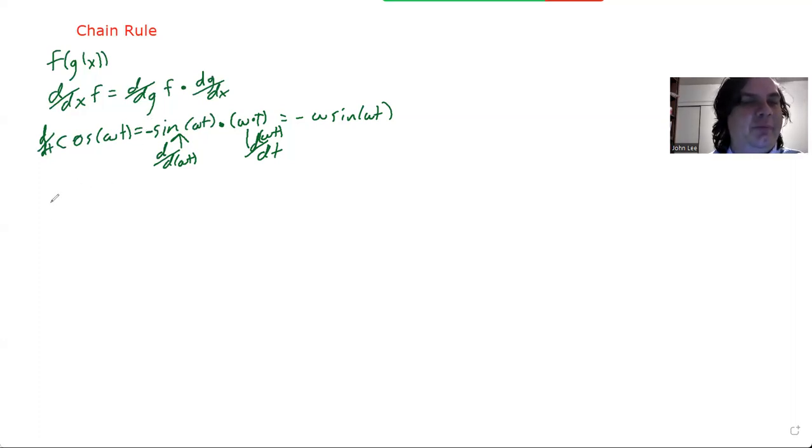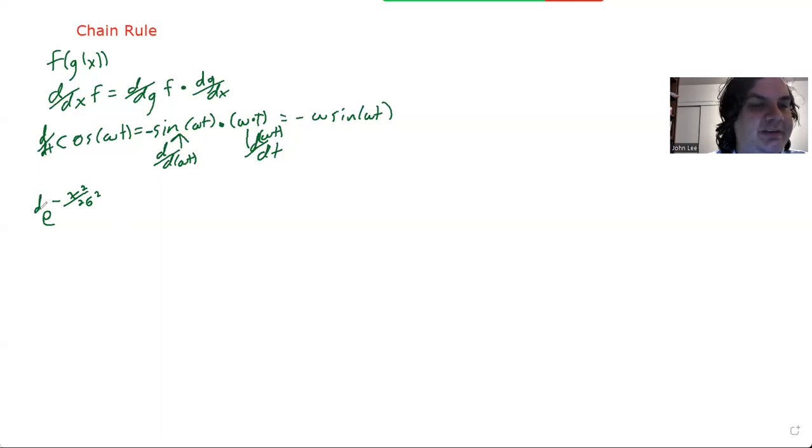So for a more complicated version of this, if we have e to the negative x squared over 2 sigma squared, where sigma is just another one of these constants in order to keep the inside of the function with no units.